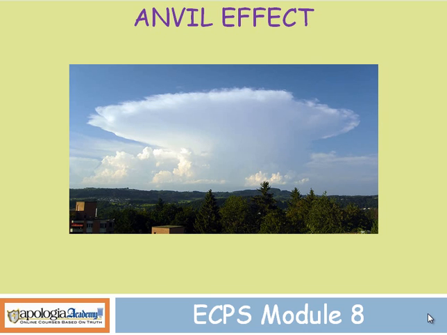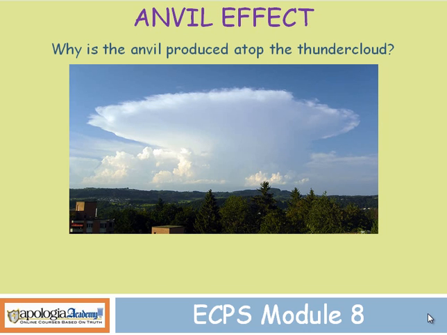Well, where does that flat top come from? How does the cumulonimbus cloud produce these? Well, remember what's happening. We have an updraft of air. That air is moving up higher and higher, but it's going to stop moving up at one point. And the point that it stops moving up, that's the top of the troposphere.